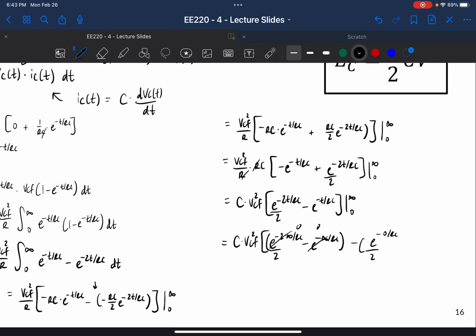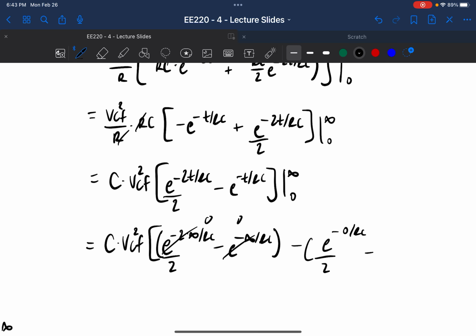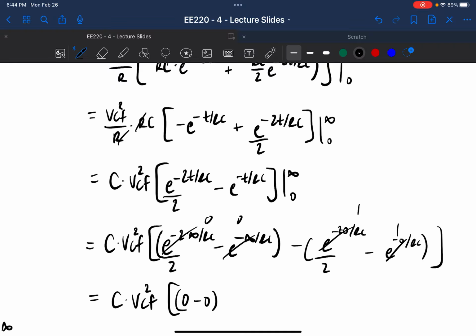And so now my last term that I have to plug a 0 into right here is another e to the 0 over RC. This was really 2 times 0, but it's still 0. And so this goes to 1. Or not the whole term, but the numerator here goes to 1. And so what I end up with is C VCF squared times 0 minus 0 minus 1 half minus 1.